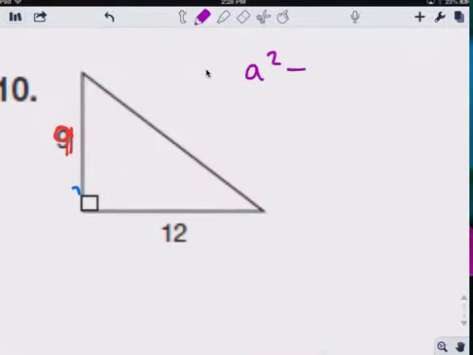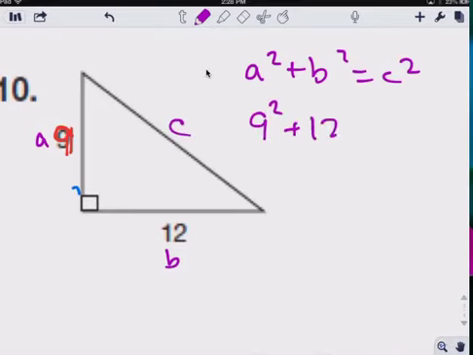a squared plus b squared equals c squared. So a is 9, b is 12, and c we don't know. 9 squared plus 12 squared equals c squared. That's 81 plus 144 equals c squared.